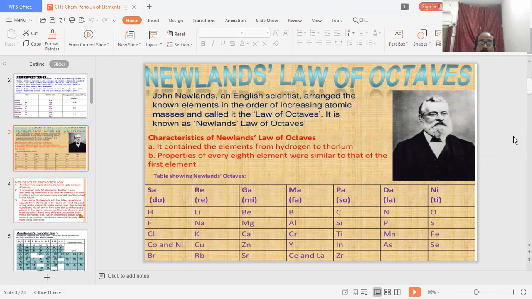And second, properties of every eighth element were similar to those of the first element. Okay, so this is the law of Newlands.